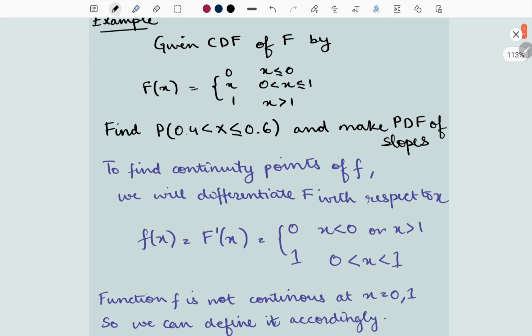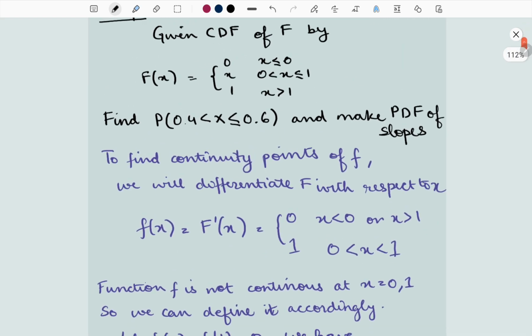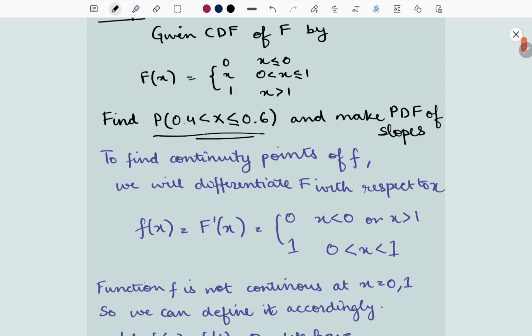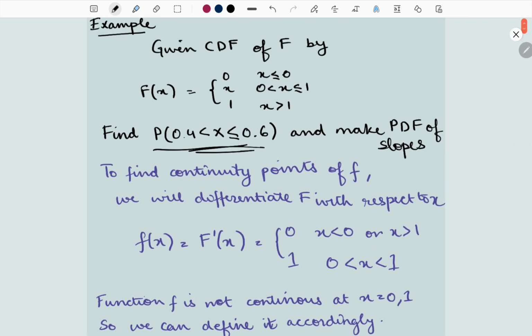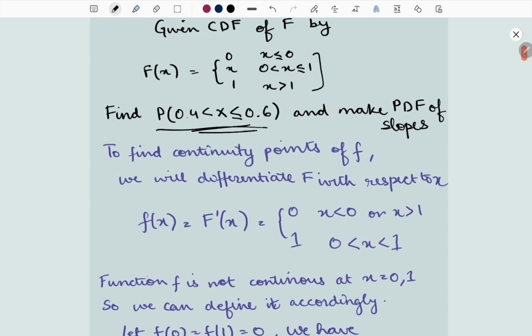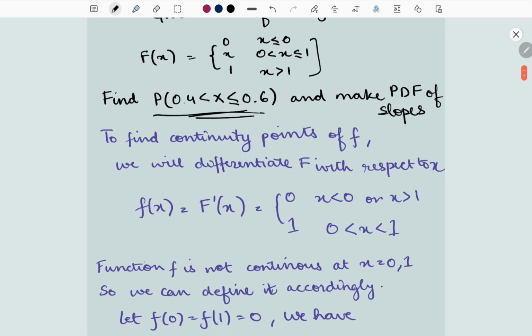Now, okay, see here, it came up. First of all, we have been given the CDF of f, which is in the form of 0, x and 1. So to find the continuity points of f, we will first differentiate it, because we have to find the slope now.